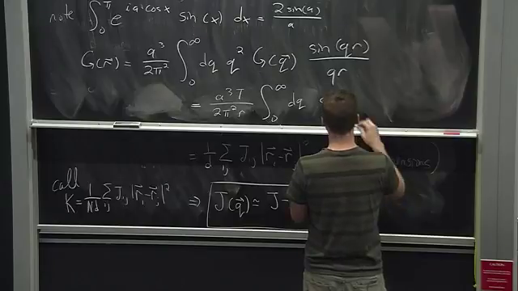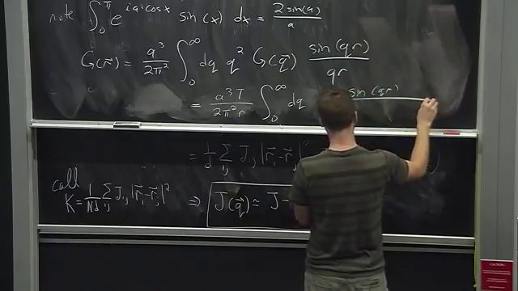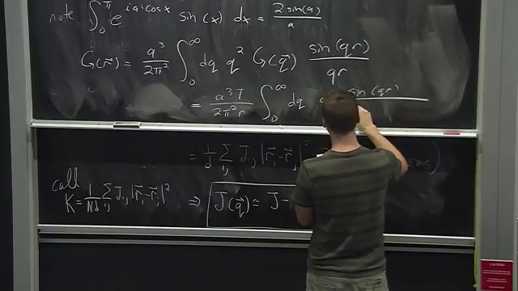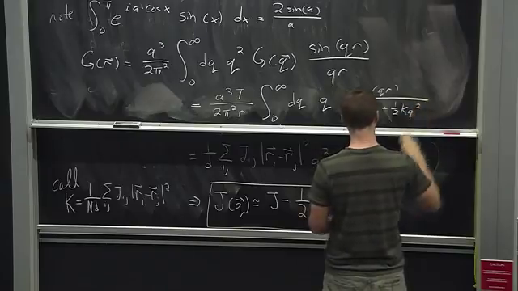So then it's sine QR, dq q over t minus tc plus kappa q squared.